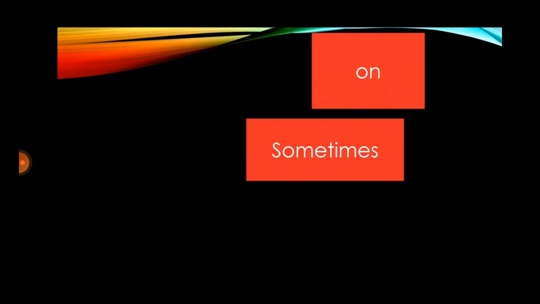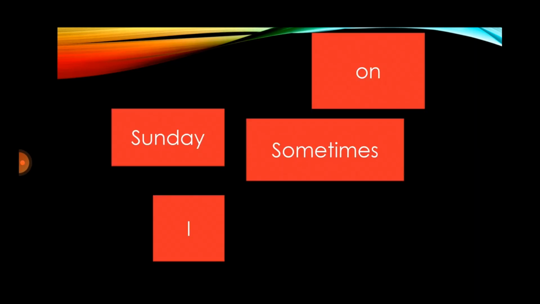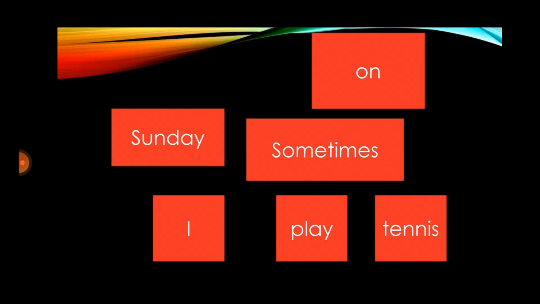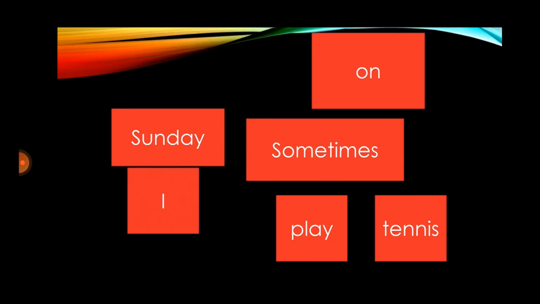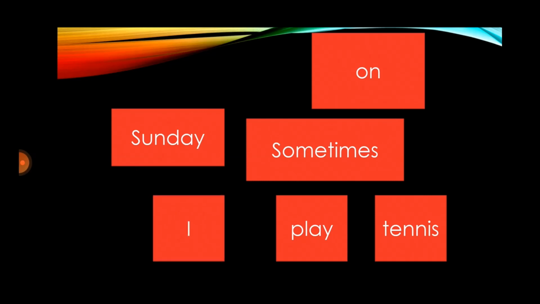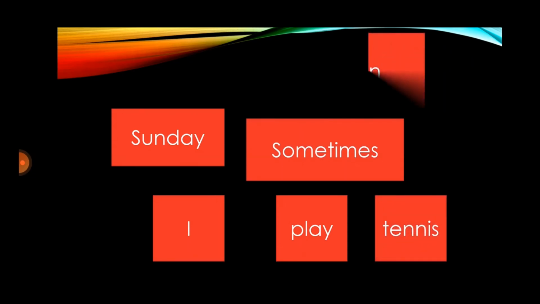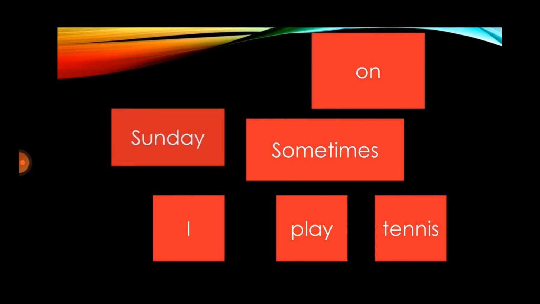Now the next one, "on sometimes Sunday I play tennis." Now we'll see which is right here. I sometimes play tennis on Sunday. This is the correct order that we have to keep in our mind.